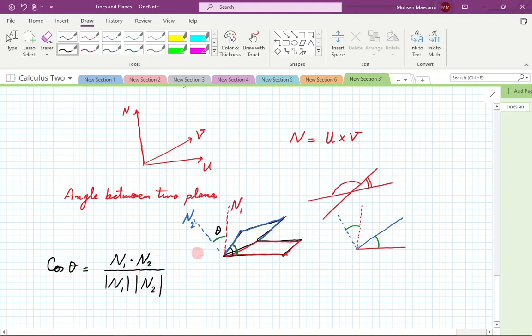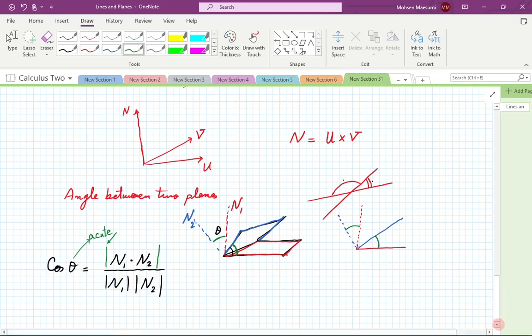And in this formula there is still room for either getting the acute angle or the obtuse angle. If you want to aim for the acute angle, make it positive, and then you are all set. So if you want to have the acute angle, don't forget, take the absolute value of the item in the numerator, and that gives you the angle between two planes.